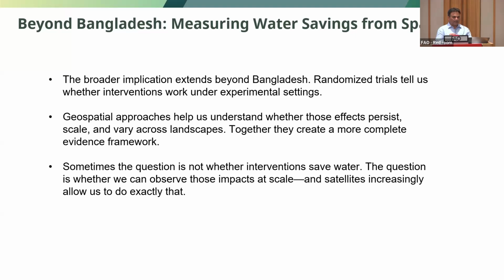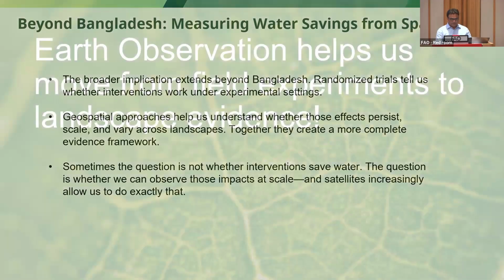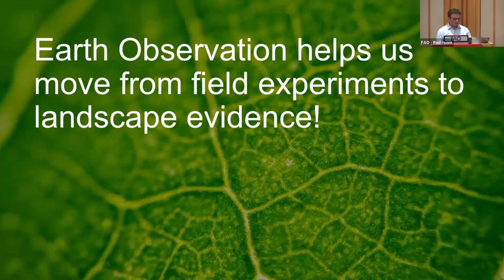In fact, it can help us understand whether impact persists, scales, and varies across landscape. And with this, I will conclude that the broader lesson is that Earth observation is not a replacement for impact evaluation. Rather, it is a powerful complement that helps us understand whether an intervention persists, scales, and generates measurable environmental change. Thank you.